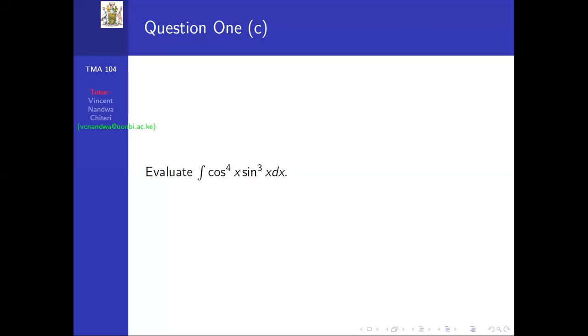So let's provide a solution to this question: the integral of x power 4 times sine cubed x dx.